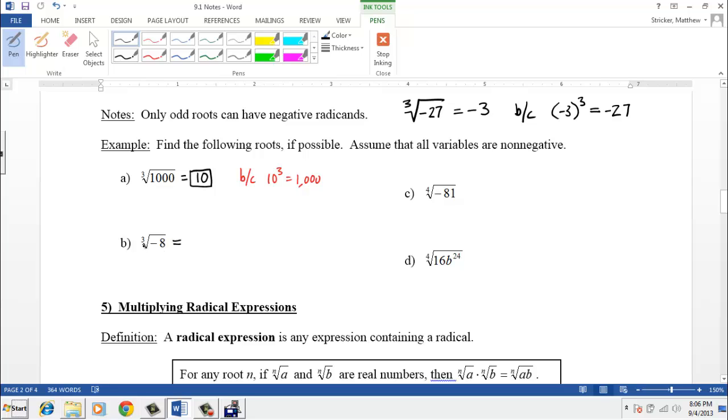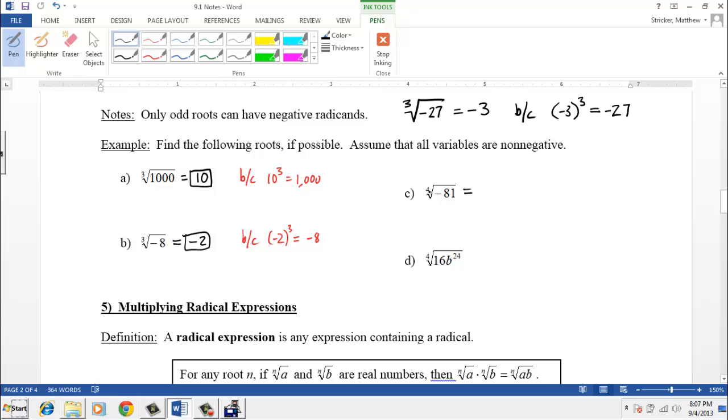Again, here we have an odd index, so we can have a negative radicand. The answer here is negative 2, because negative 2 cubed equals negative 8. And when you're doing your homework, you don't have to write out this because. I'm just putting this in here for your reference so you know where I'm getting these answers from.